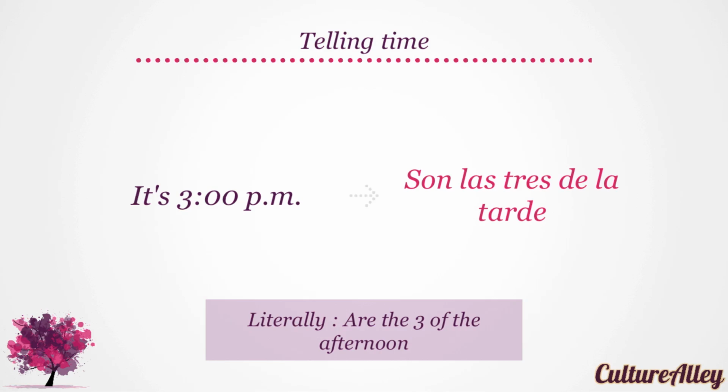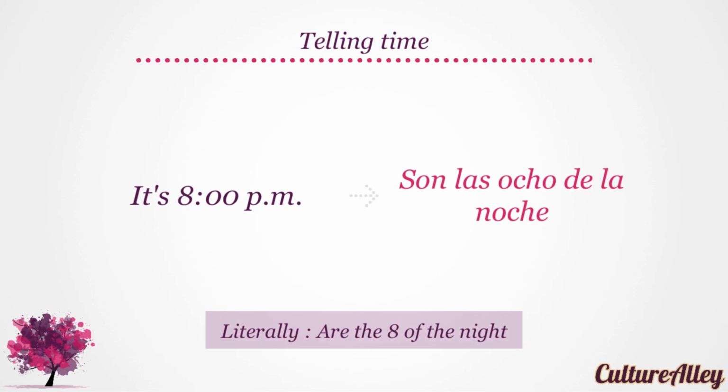Try saying that, please. Son las 3 de la tarde. Note that son las 3 de la tarde literally means "are the 3 of the afternoon." Let's have a look at "it's 8 p.m." When we refer to the time of night, we use de la noche.